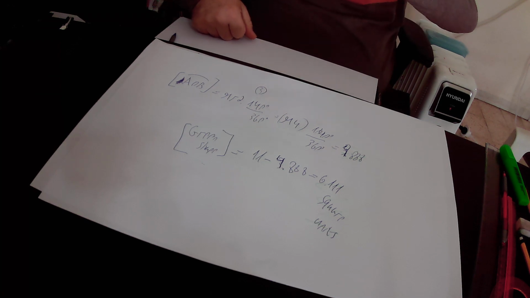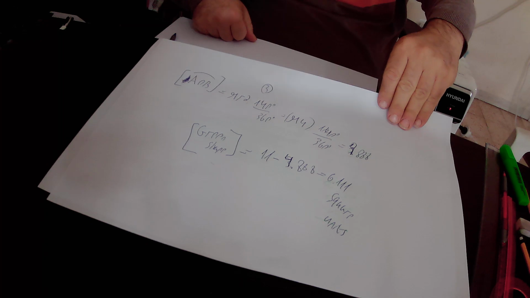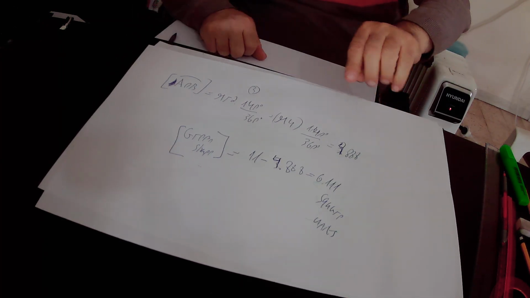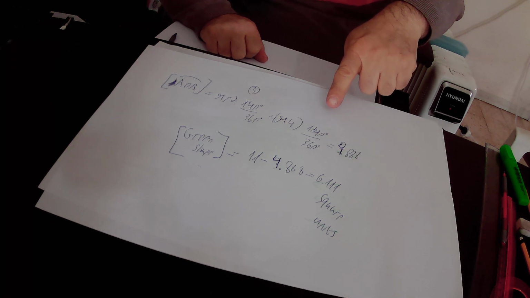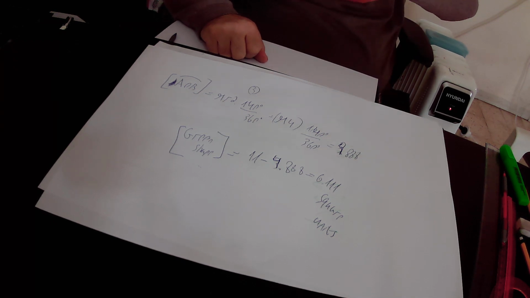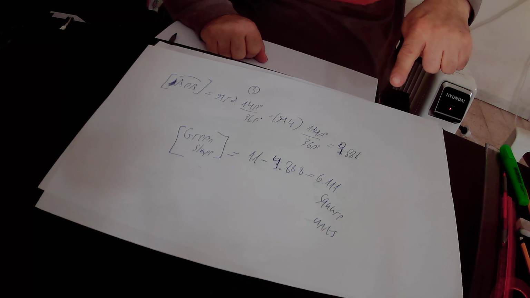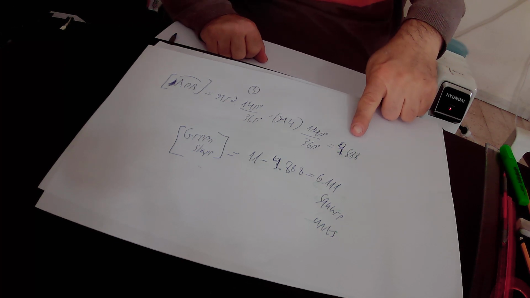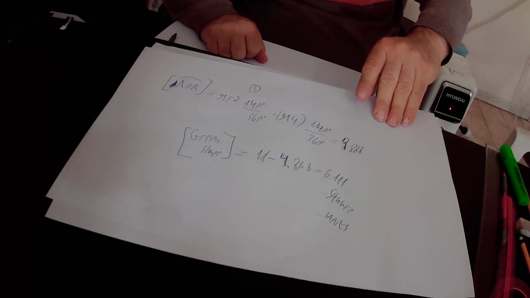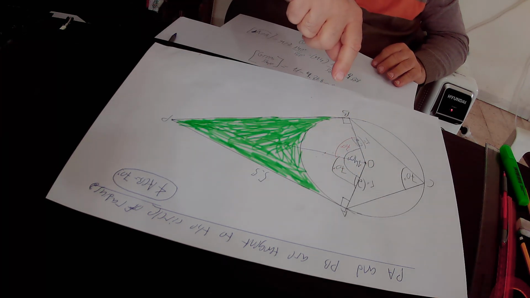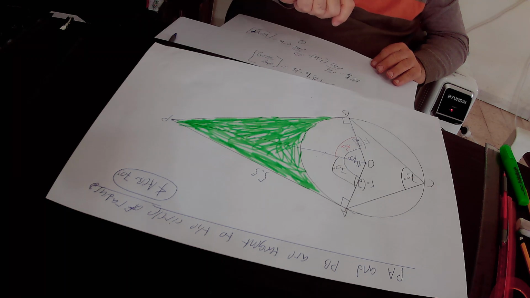So pi r squared is 4 pi, the area of this circle. So it is 4 pi times 140 degrees over 360 degrees, which in total is equal to 4.888 square units. So the area of this sector AOB is 4.888 square units.